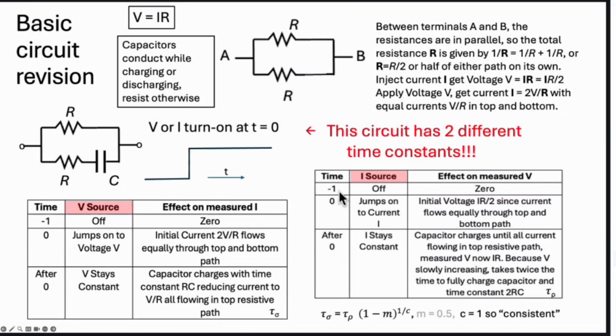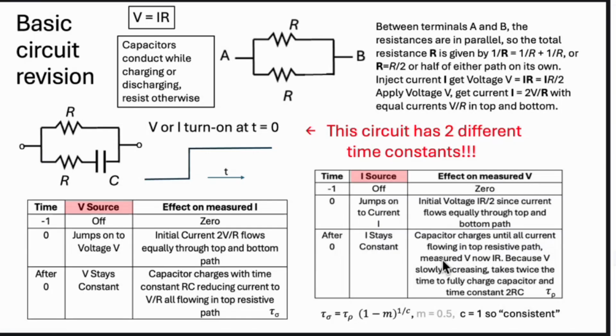Okay, now if instead we turn on a current, so we've got something that's driving a current through this. At time 0, the current jumps to I. So the initial voltage is I upon 2 because the current flows equally through the top and bottom. After time 0, the current stays constant. So the current charges until all current is flowing in the top path.